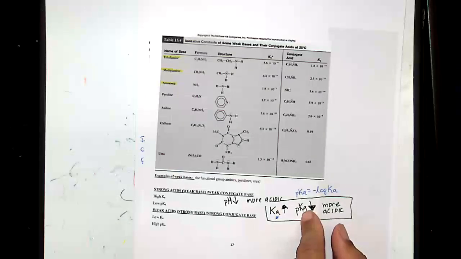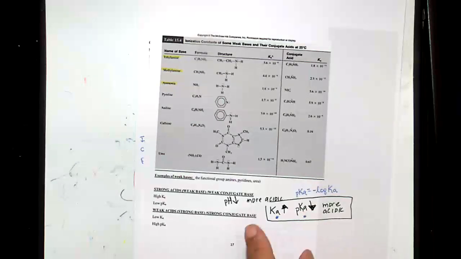The weakest acid, so not very good at giving up protons, not very good at protonating. Or you put all the Ka's together on an array, or compare all the Ka's, and then you're looking for the highest Ka. Will be the strongest acid. The lowest Ka will be the weakest acid.